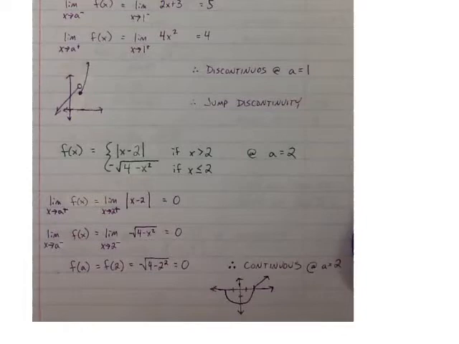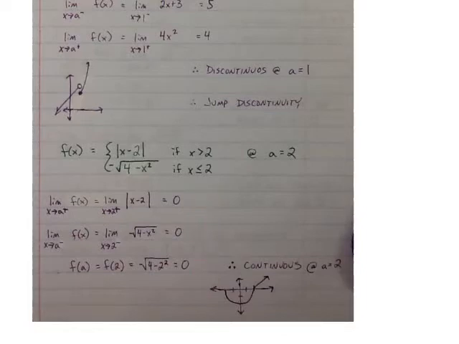When we approach a from the left-hand side, we're doing the negative root 4 minus x squared. We find that to also be 0. And finally, we evaluate what is the function at the value of 2, and we find that to also be 0.